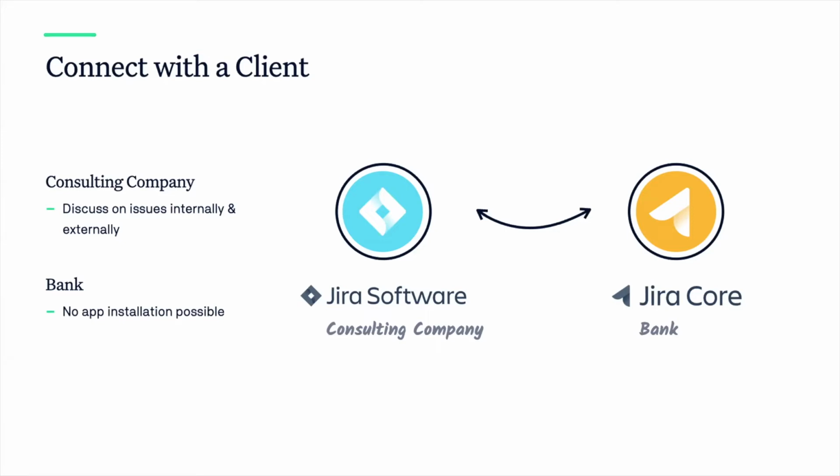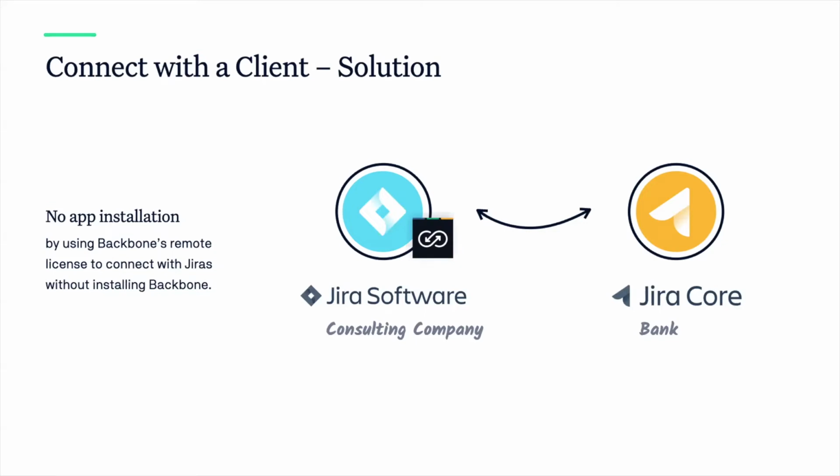What did they do? They installed Backbone Issue Sync here on the left-hand side in the JIRA Software and used Backbone's remote license to still connect with the other JIRA. No need to install anything in the JIRA Core on the right-hand side, but they can still use the whole synchronization functionality.